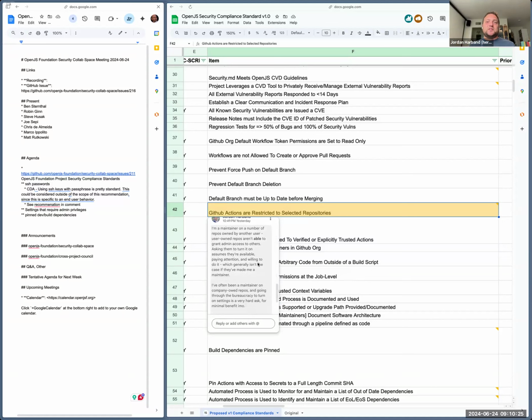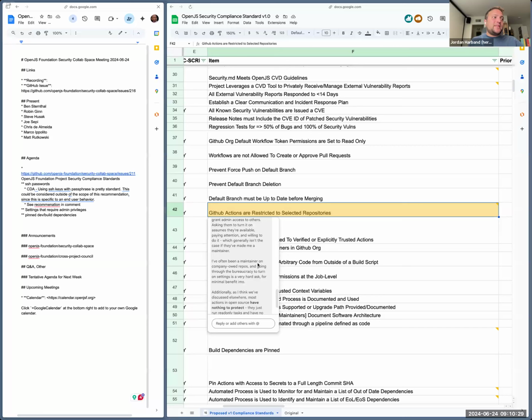So it's trying to prevent somebody without admin access from sneaking in an action from somewhere else, which kind of makes sense. But I guess if you have write access, I feel like you can already just add in a workflow file that does whatever you want. Maybe it makes it slightly more obfuscated if it's coming from some random place.